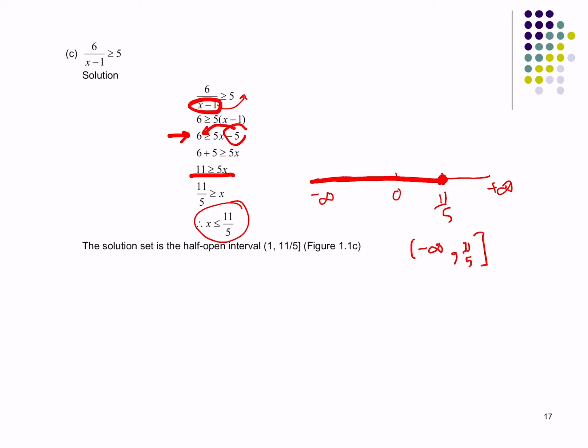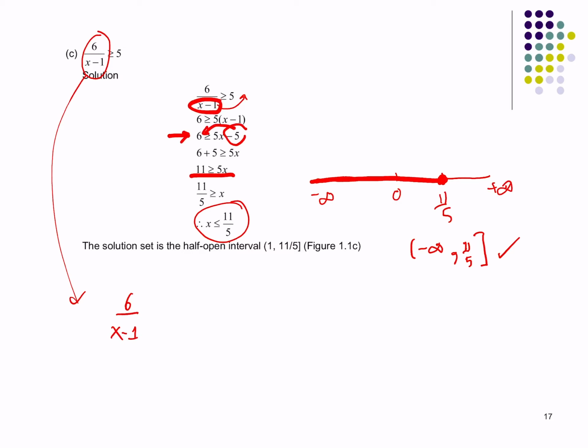But in this case, the solution is not the correct one. Why? Because if you take a look at this expression here, you can see that 6 divided by x minus 1. Okay, so if the value of x is less than or equal to 11 by 5, it must include the value of 1, right?